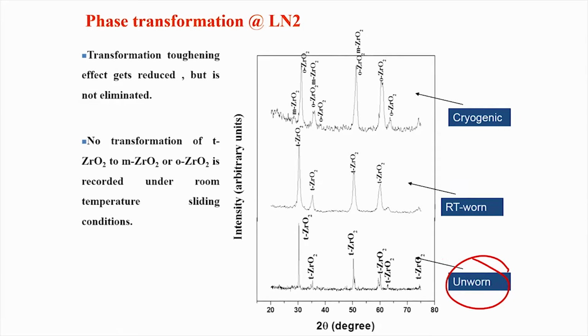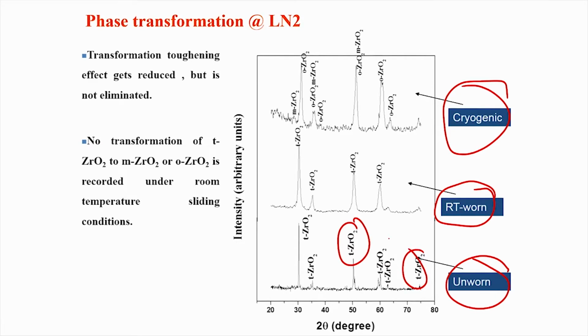Then we focused our X-ray beam on the sliding wear track after the room temperature sliding conditions and also the liquid nitrogen sliding conditions. What you notice is a very sharp crystalline peak of tetragonal zirconia, with no sign of monoclinic zirconia or any other phase after room temperature sliding.